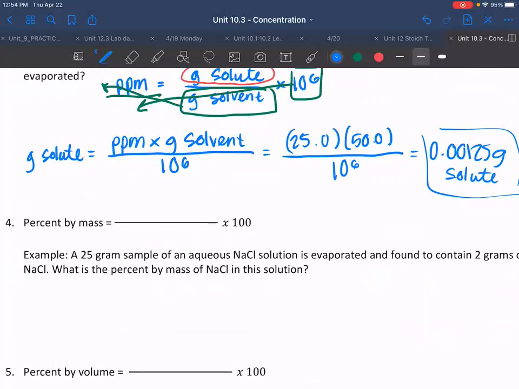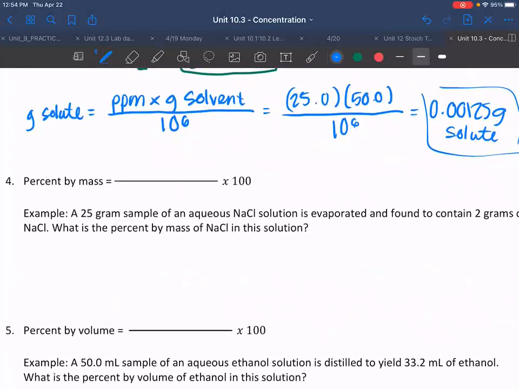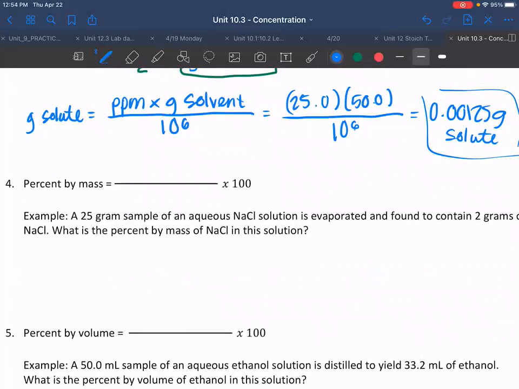These are percent by mass. So instead of doing crazy stuff with ppm, we're just multiplying the fraction by 100. So it's going to be grams of solute over grams of solvent still times 100.